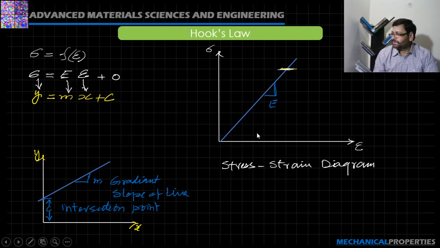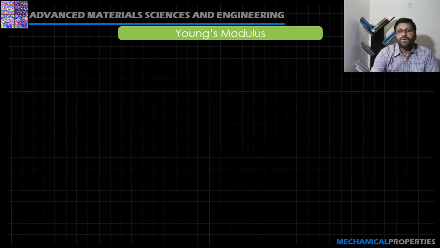Now further, we say sigma is equal to E epsilon, or we may say E is equal to sigma over epsilon.